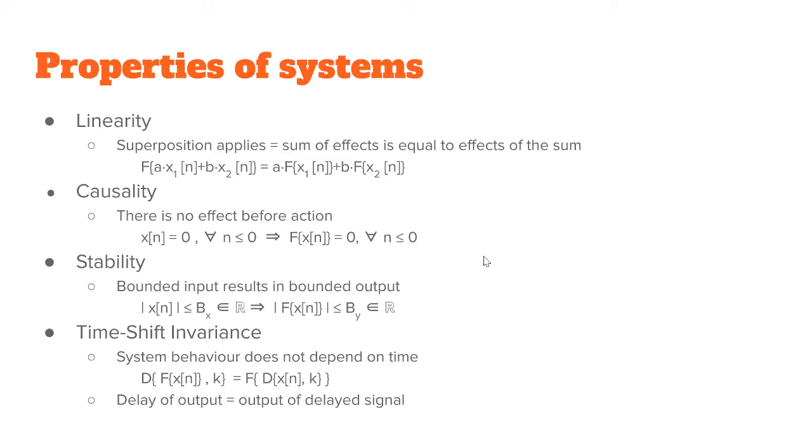Causality. Another property that's important to understand. Basically, it means that there is no reaction before some event happens, meaning that the system cannot forecast the future.